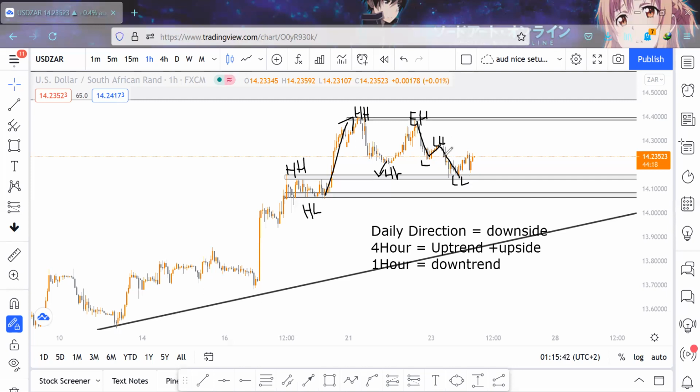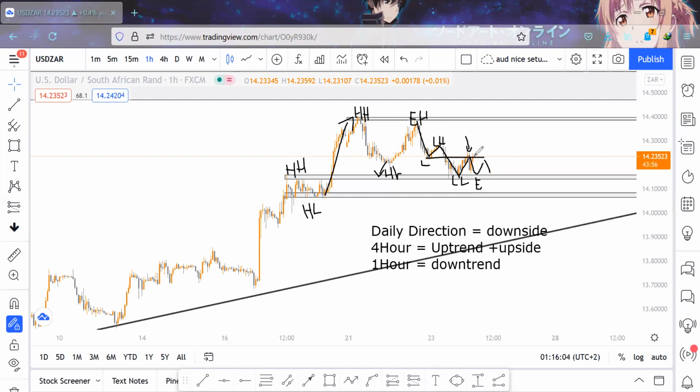So what are we waiting for on this market? It's either for us to see the market push to the upside, which it has done here, and then we want to see the market come back to this level here, forming an equal low and maybe starting to consolidate around this market.